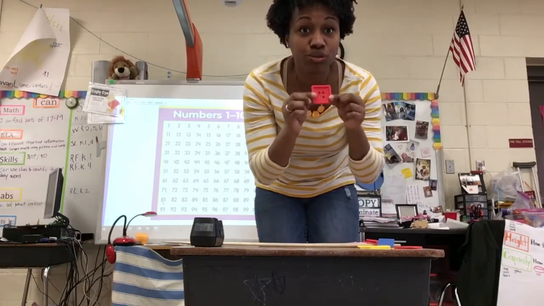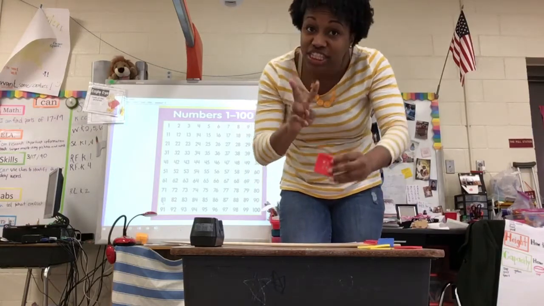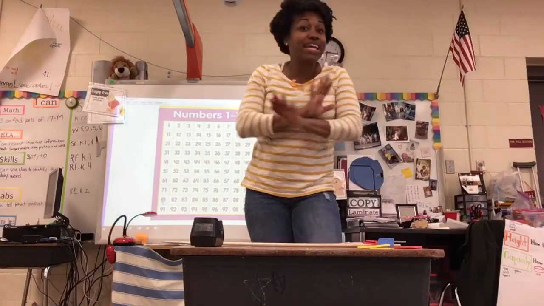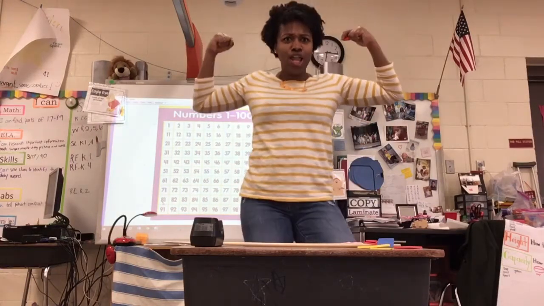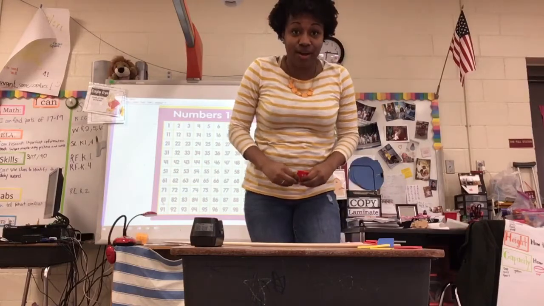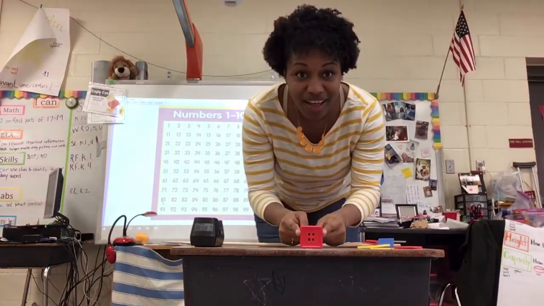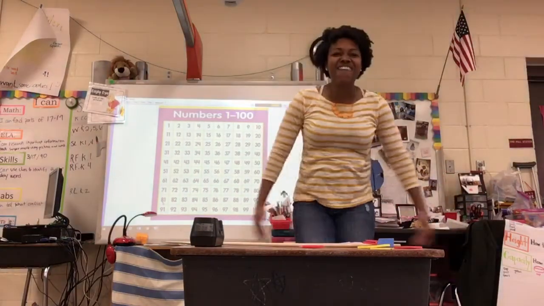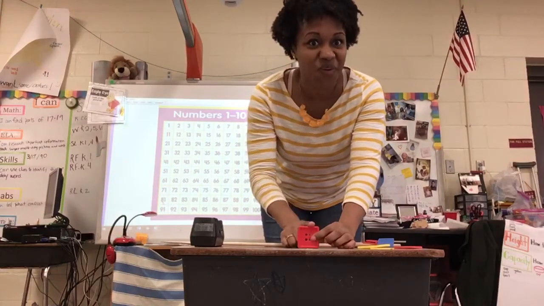Let's see if it's 2D or 3D. Remember earlier, Miss Moore said 2D shapes are flat, so they cannot stand on their own. 3D shapes are solid, so they can stand on their own. Let's check it. Ready? Here we go. Oh no, it fell! So it could not stand on its own, right?